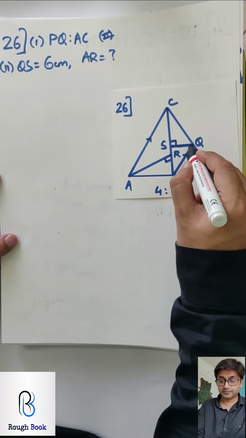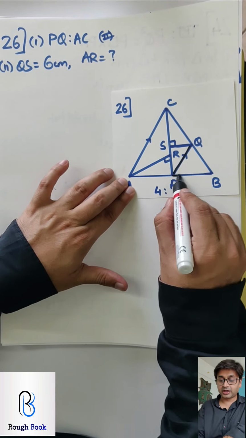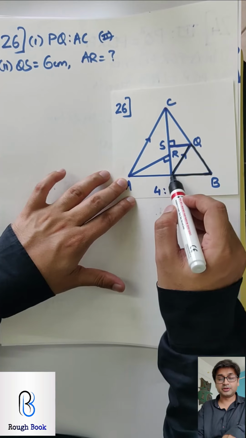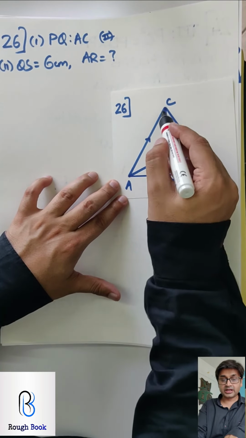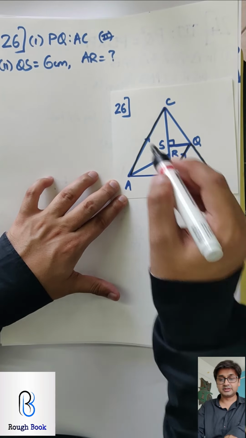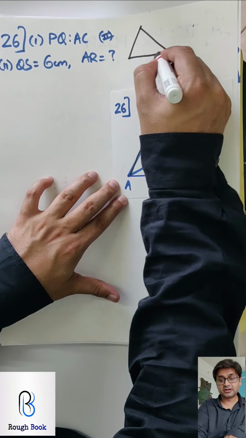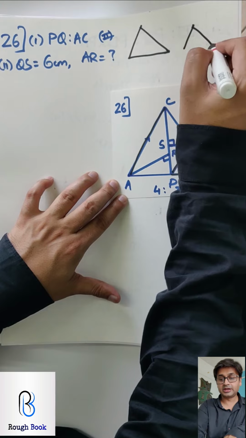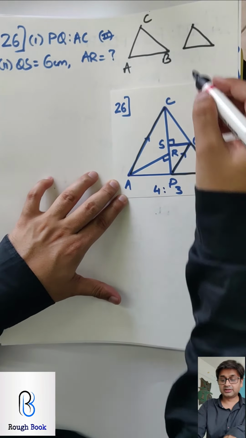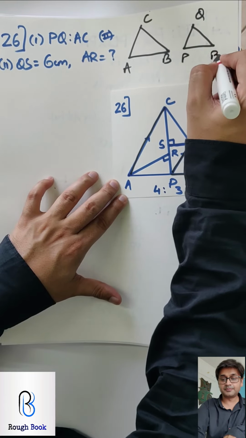So for PQ, obviously you're going to pick up this triangle here, because you know this has 3 parts and PQ you need. And for AC, you can pick up the big triangle ABC. So I'm pulling out both the triangles here for our reference, one big and one small. I call this as CAB and this one as QPB.